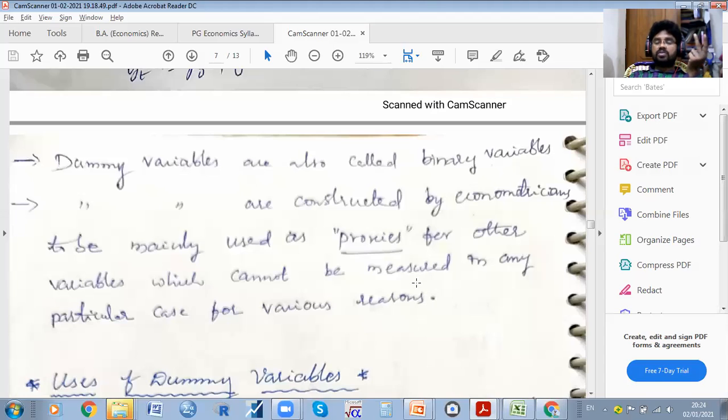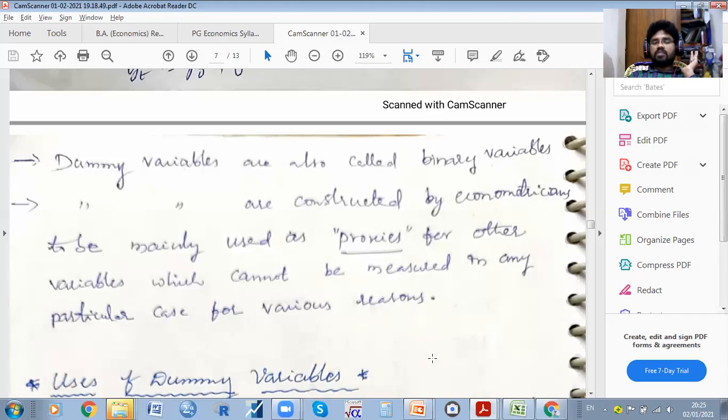For example, to know whether a particular variable is more or less, we can give only a proxy, like 1 for male or 0 for female. That is only a proxy.